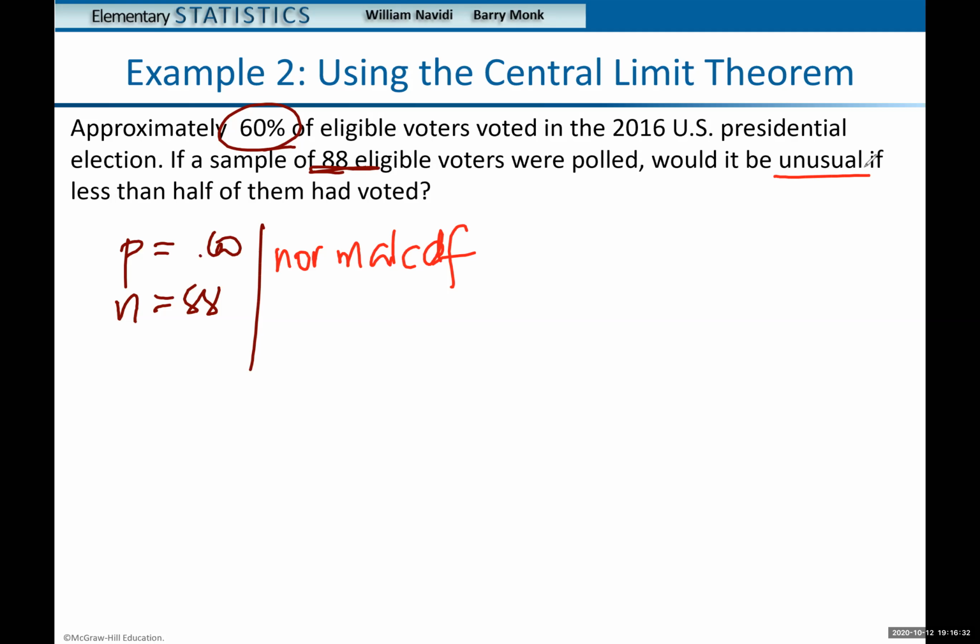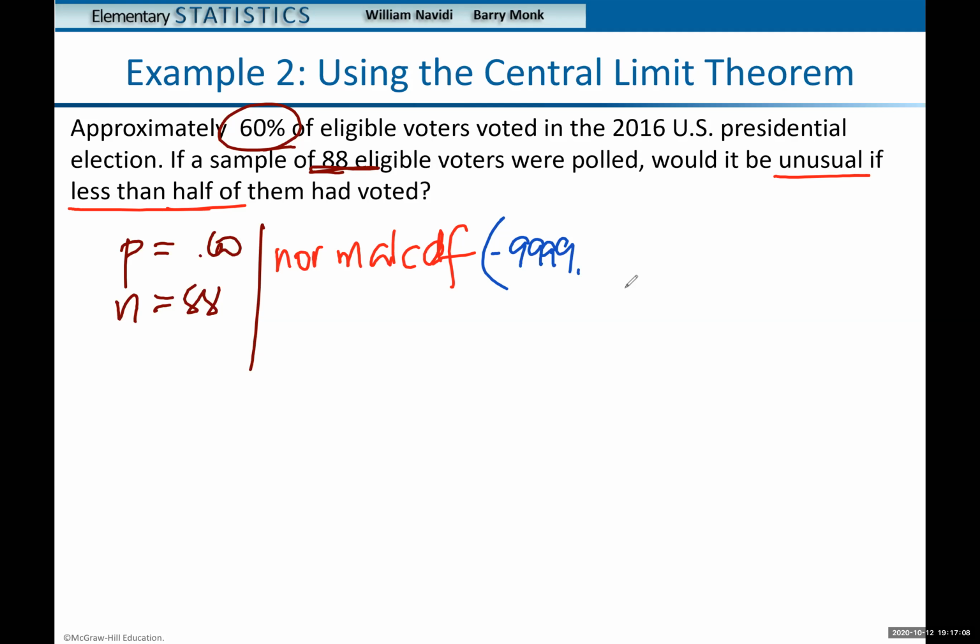And unusual, meaning you check if it's less than 5%, less than half of them. So what is your lower and upper here? Is the lower negative 9999 and the upper 44?